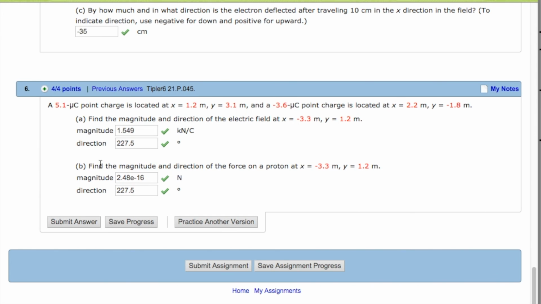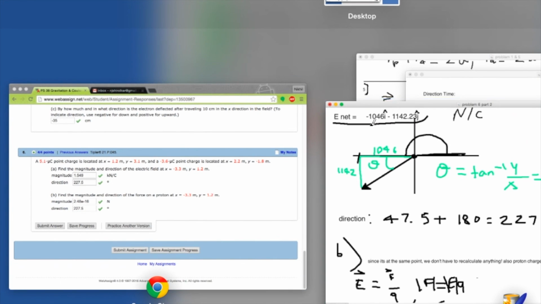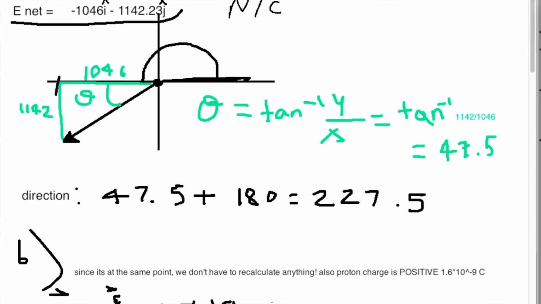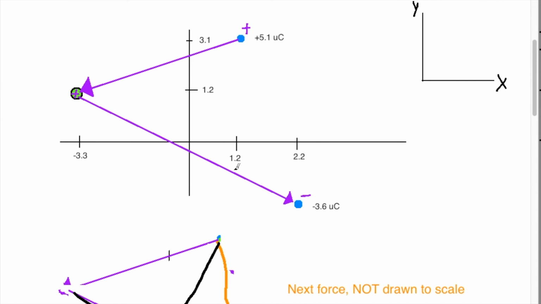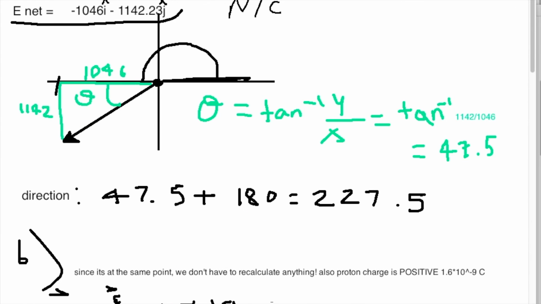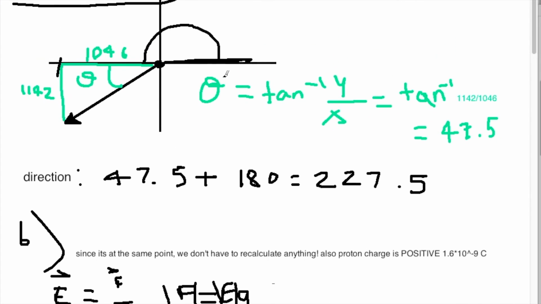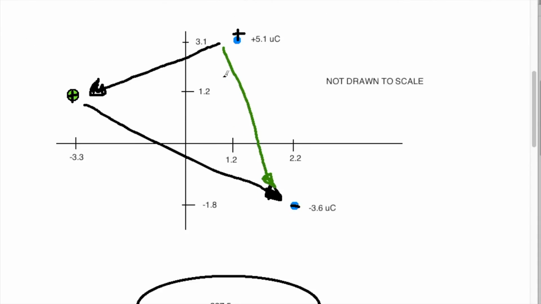Now B, find the magnitude and direction of the force on a proton at this point. So in this case, where is it? Right here. We assumed, as we should, that it's a positive test charge. So a proton is positive, so we don't have to change much. Because we know the proton is positive, the direction is going to be the same.